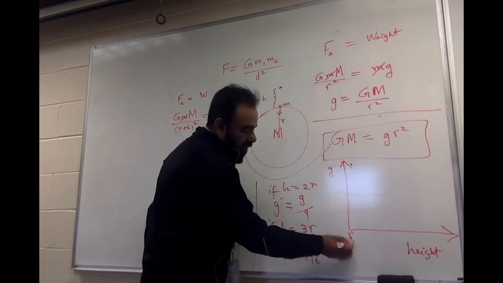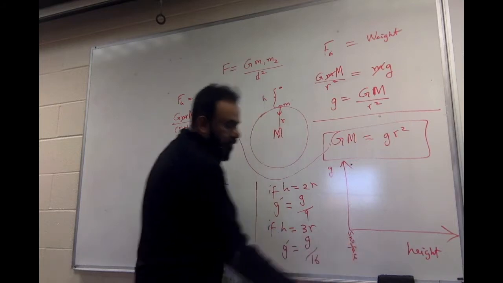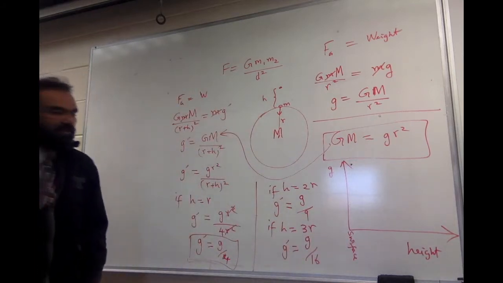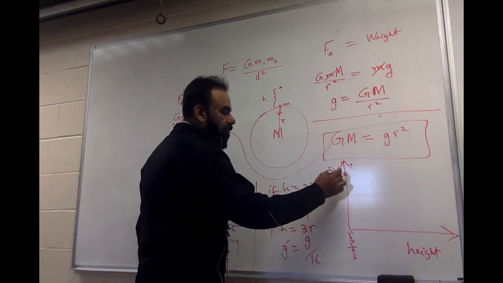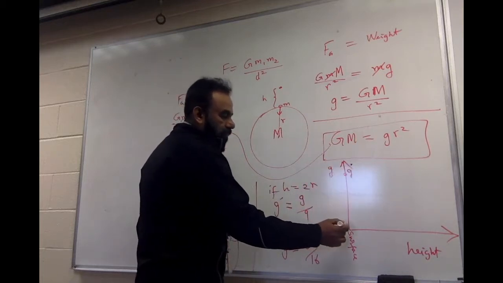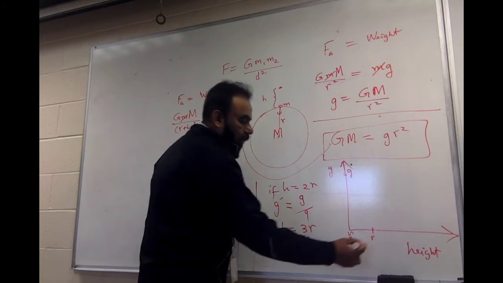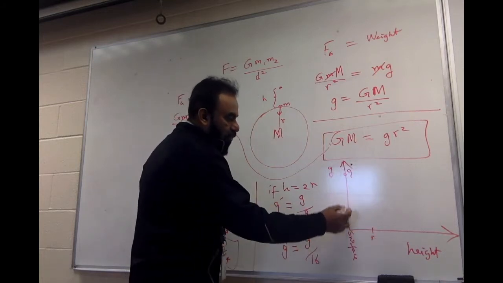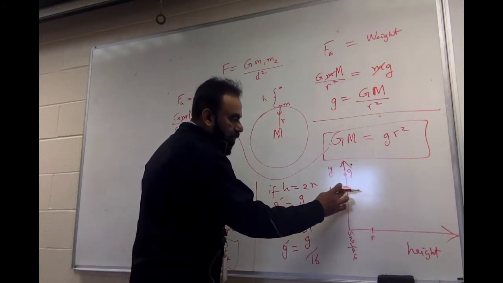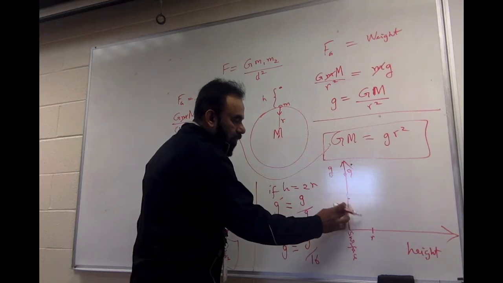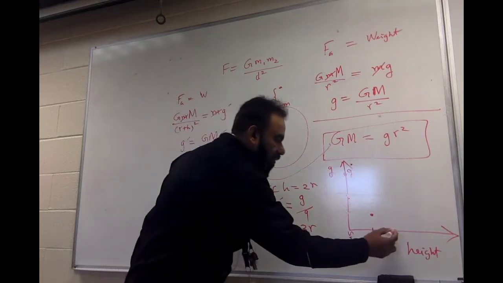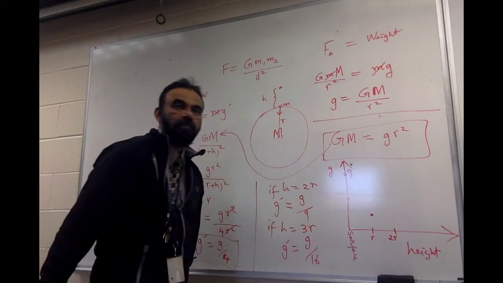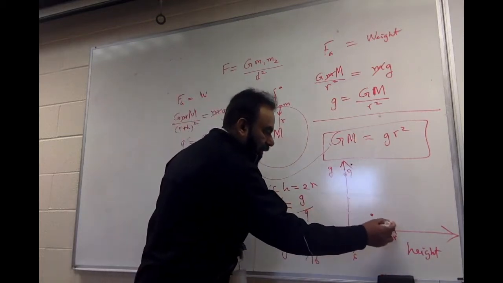the height from the surface. Initially it is g. And when you go 1 radius away, it becomes g over 4. When you go 2 radii away, it becomes g over 9.